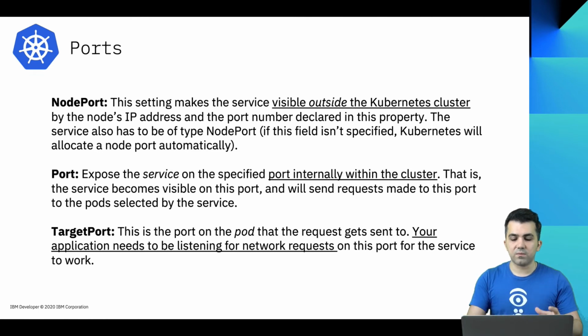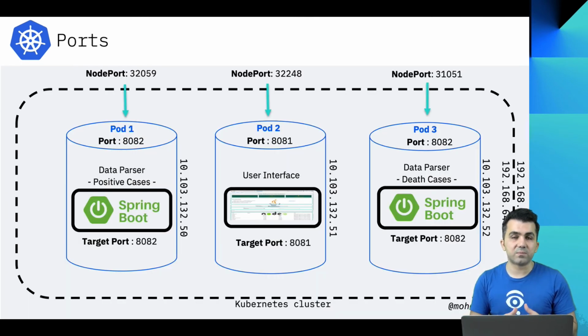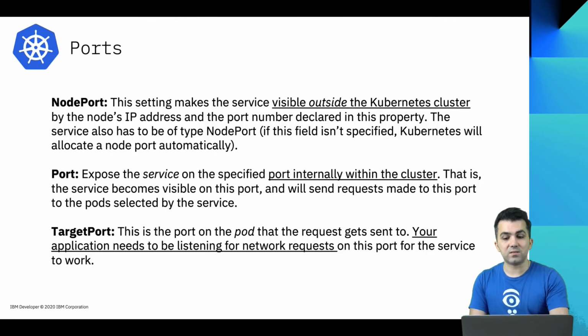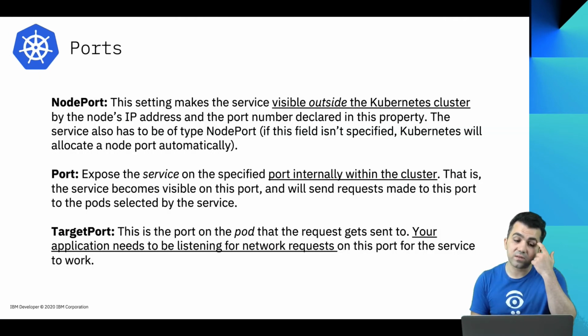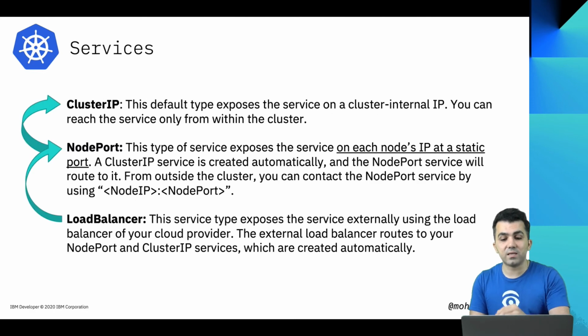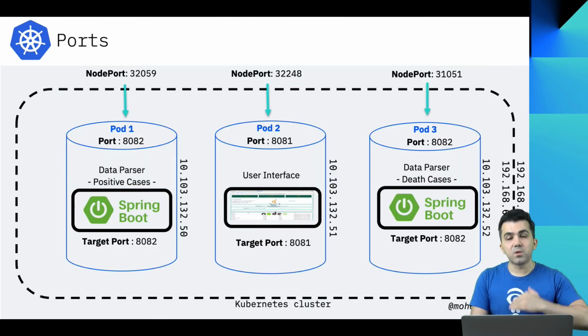Our data parser application is listening on 8082, and the port, which is internal within the cluster, is also 8082. The node port is allocated automatically; you can also define that one, but it needs to be available. It sends traffic to your port, and then your application is listening on that one.